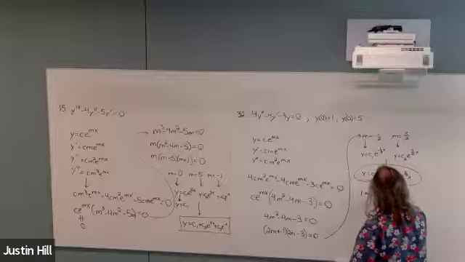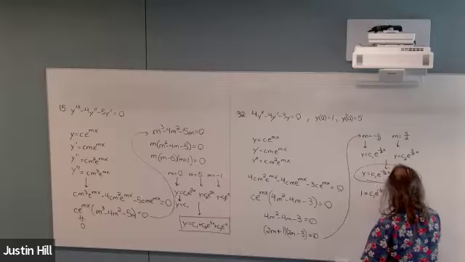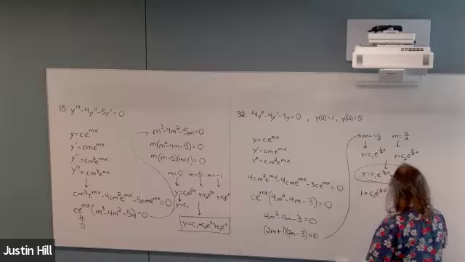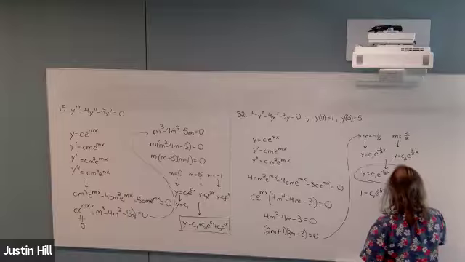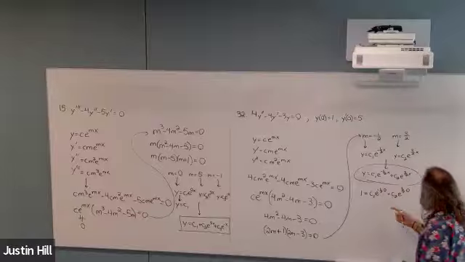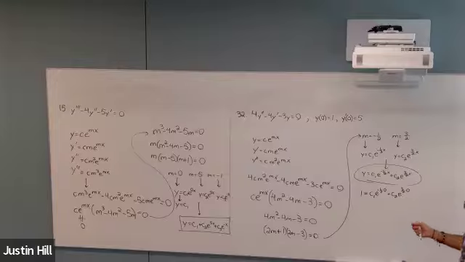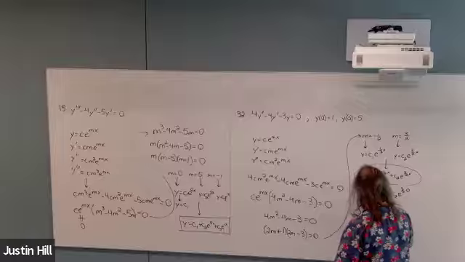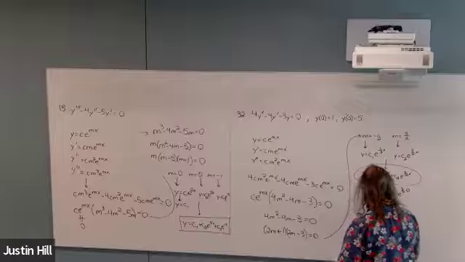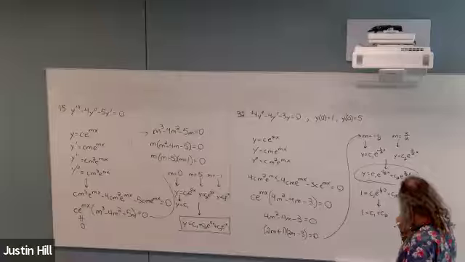When I plug in 0 for x, we have 1/2 times 0 there, to the 3/2 times 0 there. Notice -1/2 times 0, 3/2 times 0. What are those? 0. Good. And what is e to the 0? That's just a 1. So what we end up with out of this is 1 equals C1 plus C2. C1 plus C2 has to add together to give you 1.